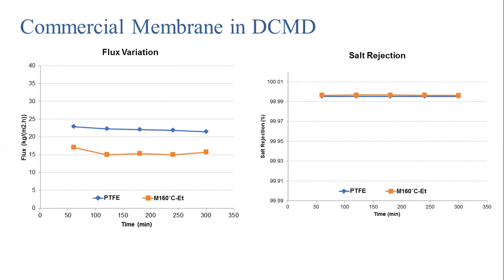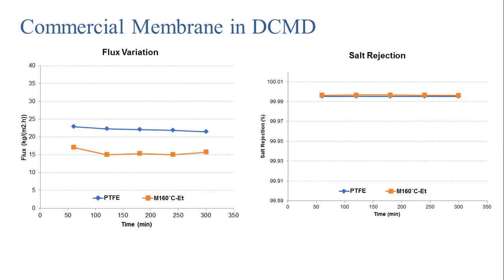PTFE was not a nanofibrous membrane, was not done by electrospinning. The other membrane, M16420, is a membrane that we have produced using an electrospinning setup that we have built at AUB, using a polymer called PVDF-HFP, which is polyvinylidene fluoride-co-hexafluoropropylene.